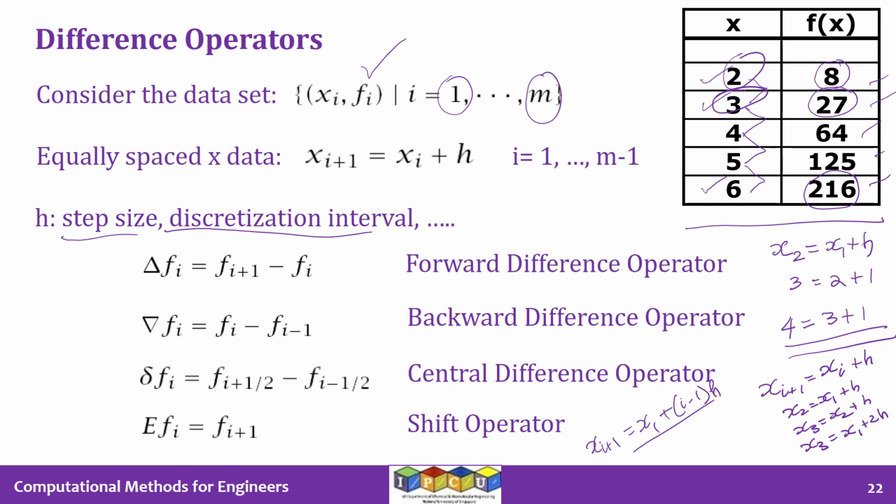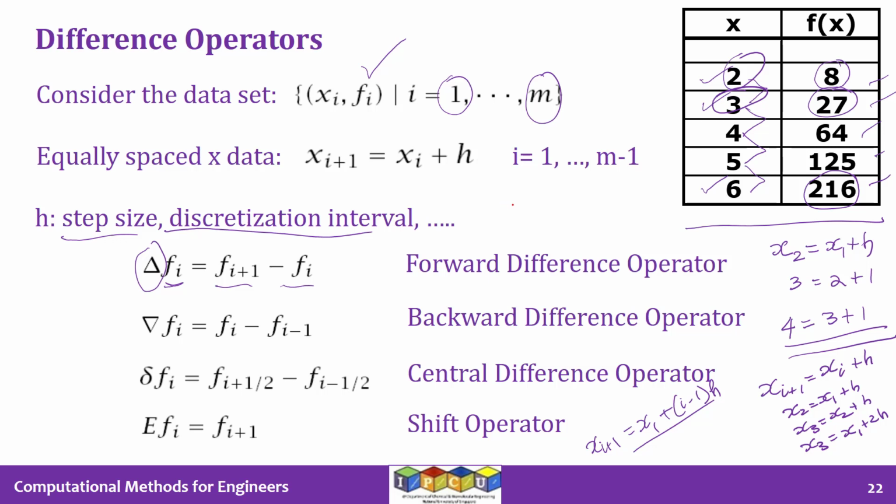The forward difference operator is denoted by this symbol triangle, and if the forward difference operator operates on fi, you're going to get f(i+1) minus fi.